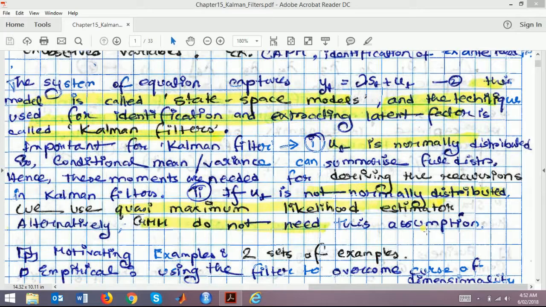Now we have put a little light on quasi-maximum likelihood estimators while we were talking about the linear autoregressive chapters, not the VAR, the regular linear autoregressive chapters, and there is a specific discussion chapter on the quasi-maximum likelihood estimator.